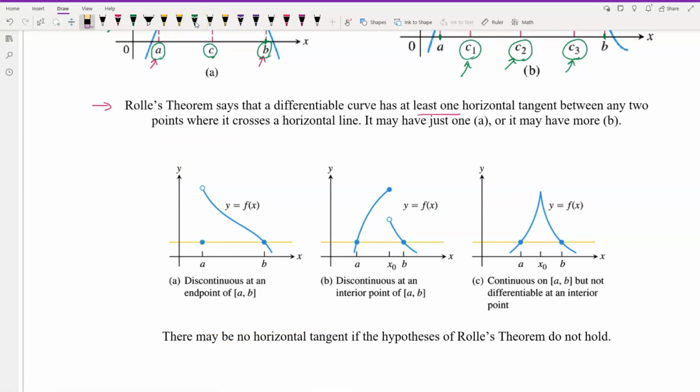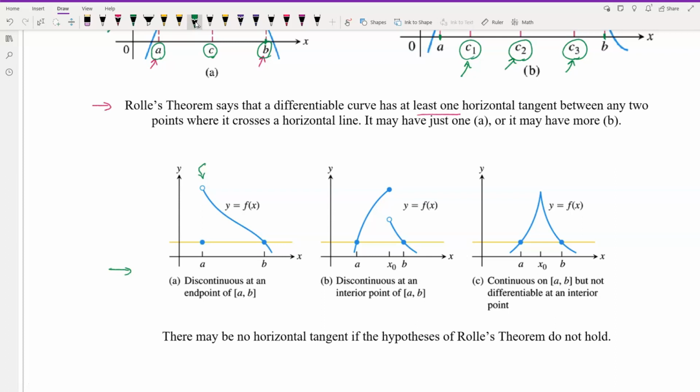There may be no horizontal tangent if the hypothesis of Rolle's theorem do not hold. Here on this part, this is discontinuous at an endpoint of closed interval A, comma B. So on this part, we have open circle. Because of that, this is discontinuous.